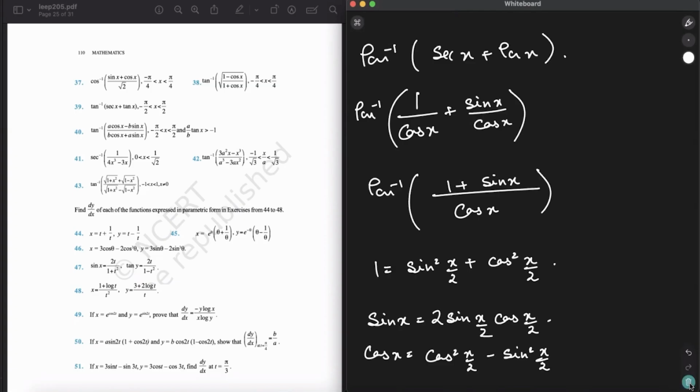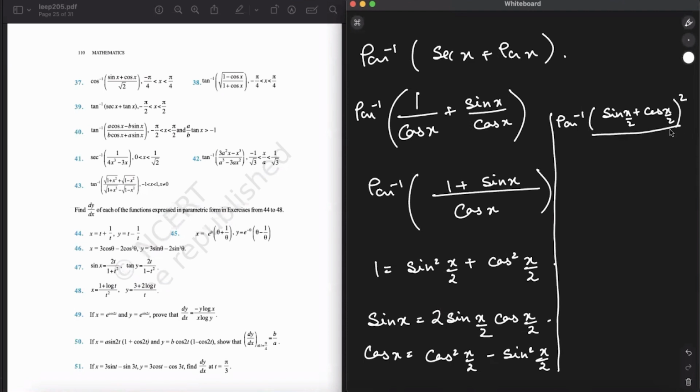So let's move on. I'll just write it over here, so that it is tan inverse of 1 plus sine x. I can write it as sine square x by 2 plus cos square x by 2 plus 2 sine x by 2 cos x by 2. This is the whole thing, 1 plus sine x. And I can write it as sine x by 2 plus cos x by 2, the whole square.